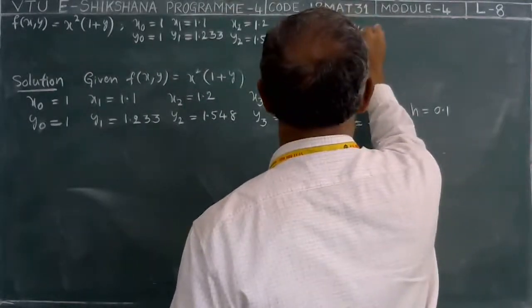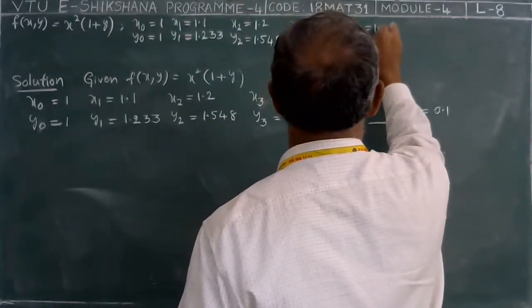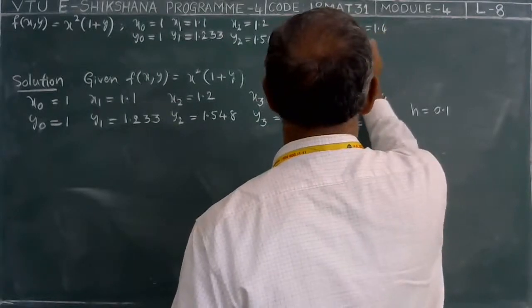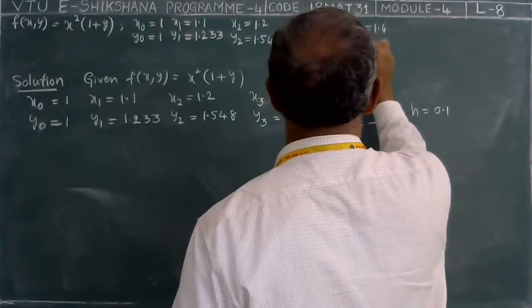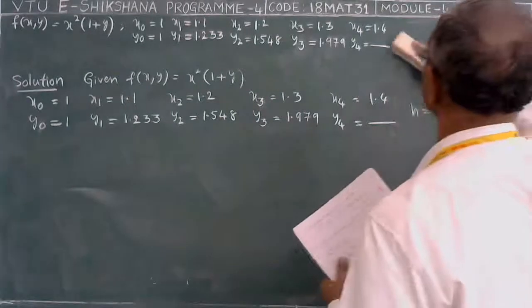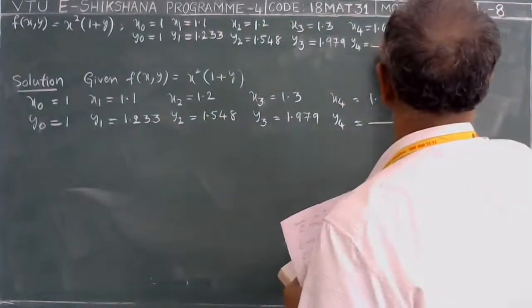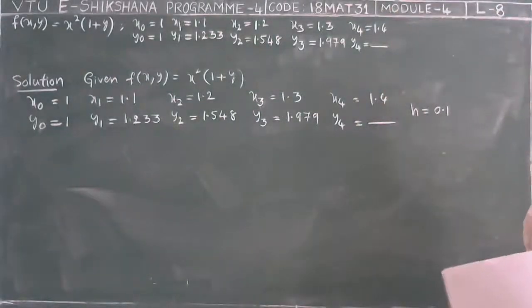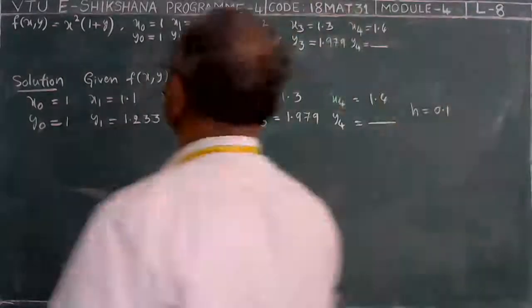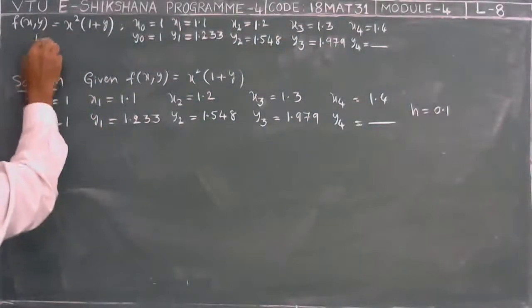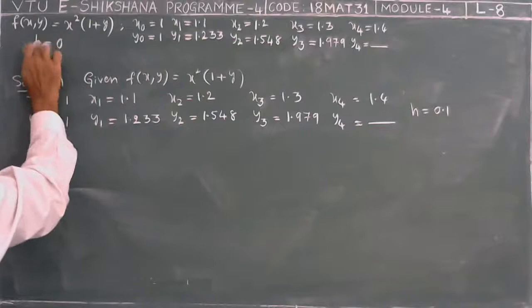Then x4 is 1.4, and we need to calculate y at this value of x, 1.4, using Adams-Bashforth formula. h is 0.1.